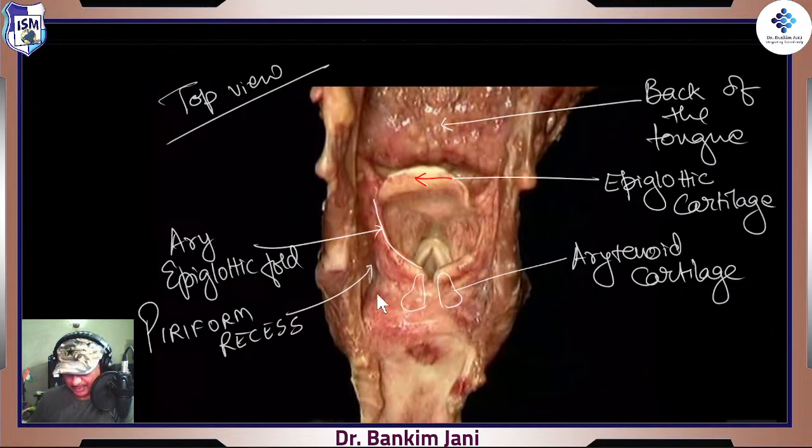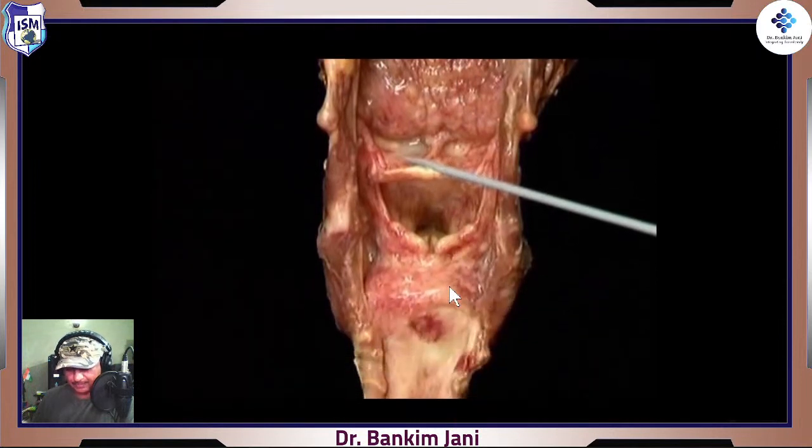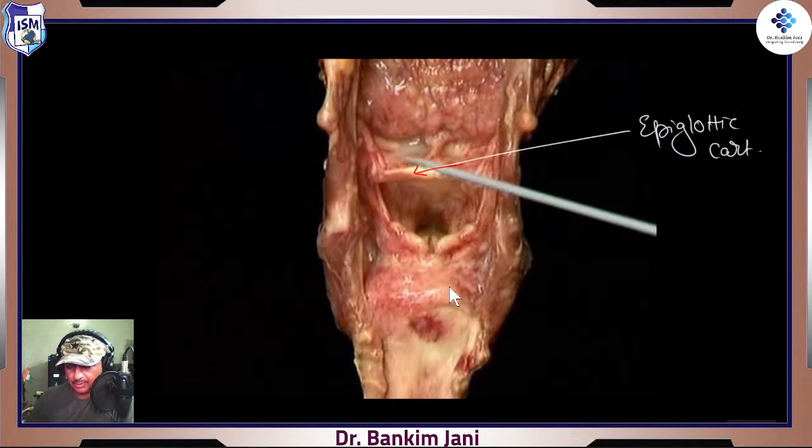Now we add, see, that epiglottis is quite flexible. This is epiglottic cartilage. When you lower it, there is a space. This is the tongue.